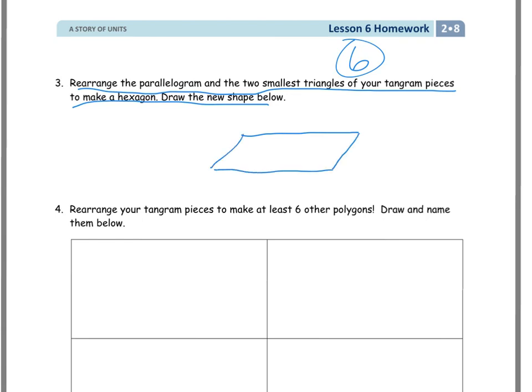And I have 2 triangles that I need to do. So I'm going to place one here. And then I'm going to place one on top. And what we'll see there is I have 1, 2, 3, 4, 5, 6. So there's my hexagon right there.